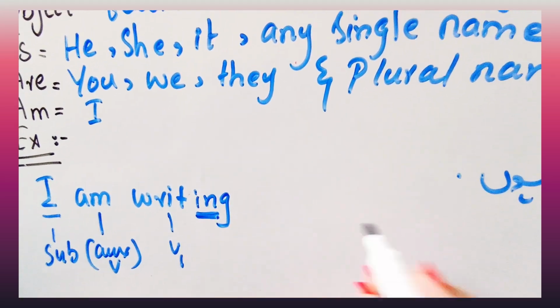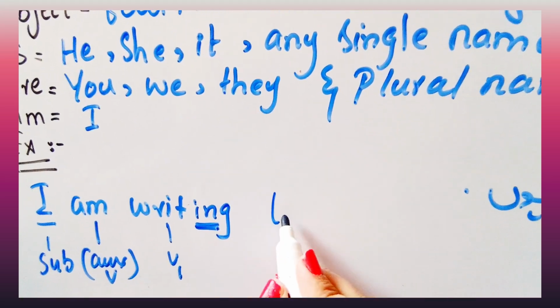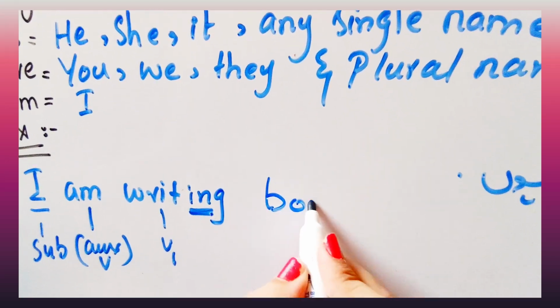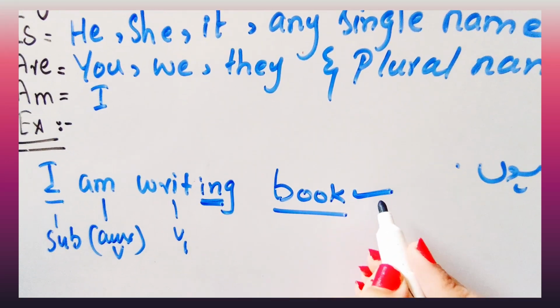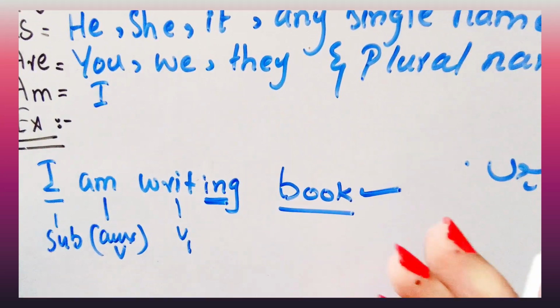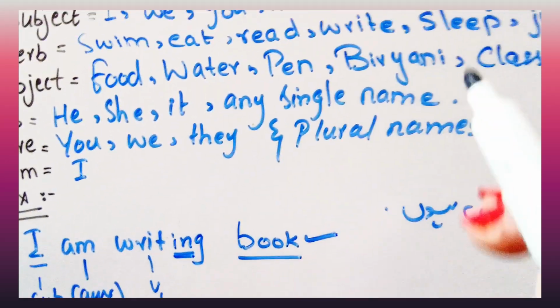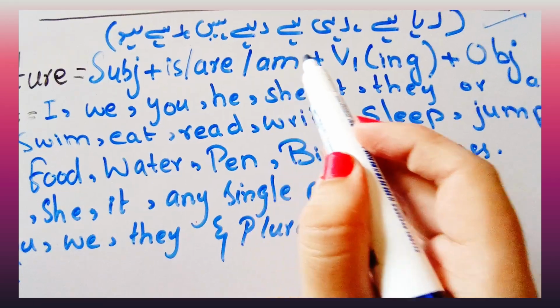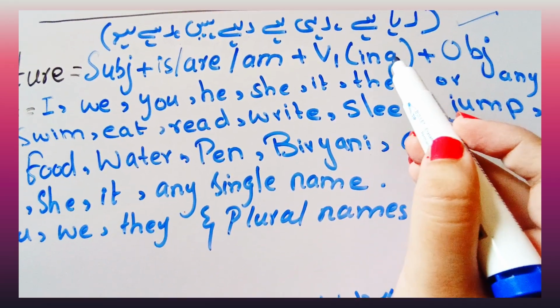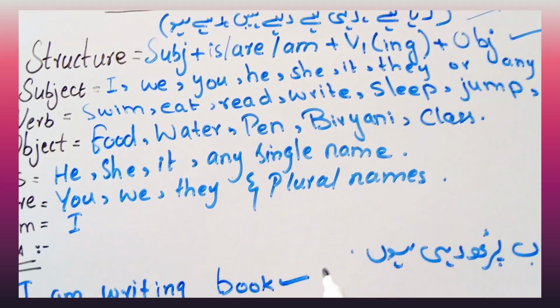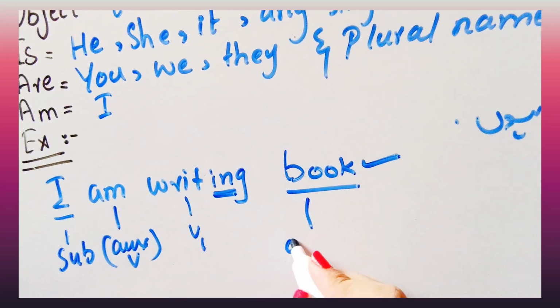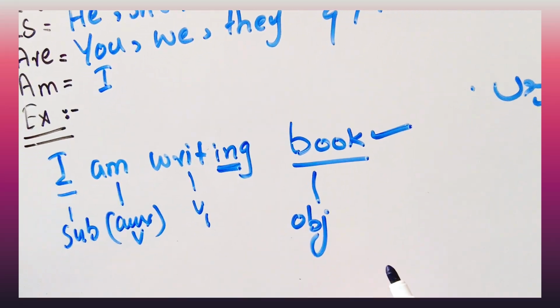So I am writing. मैं किताब पढ़ रही हूँ. Book. So this is basically the noun, but here we are not analyzing the part of speech. Here basically we are focusing on the structure: subject, auxiliary verb, first form of the verb plus ing, and plus object. This is basically the structure.